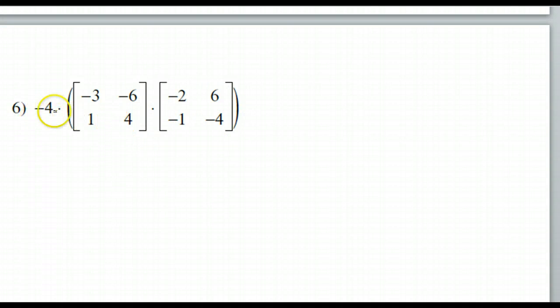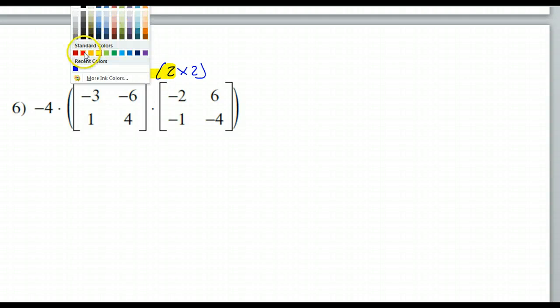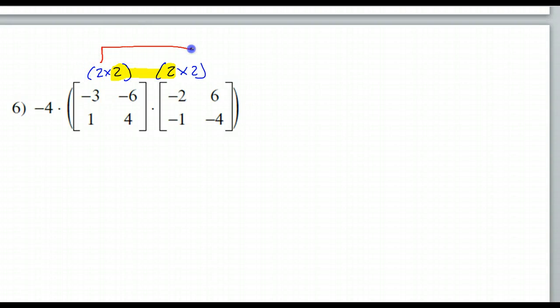So we'll save this -4 scalar multiplication for last. So as we multiply these, like we've seen many times in this assignment, this is a 2 by 2, this is a 2 by 2. It's possible because these match. Because of the outer dimensions, I know that my answer is going to be a 2 by 2 answer.